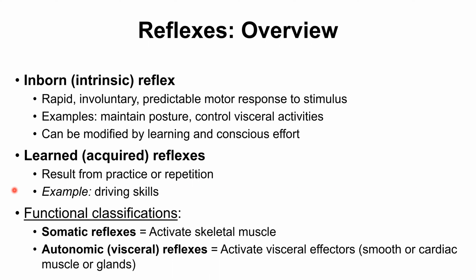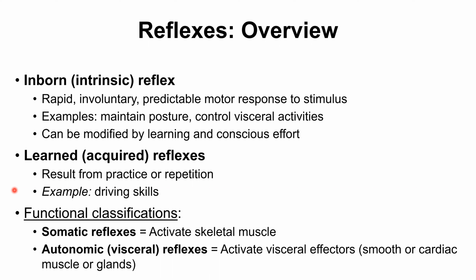You just immediately hit your brakes, right? And so this requires a really fast reaction time, and we would call it a reflex. That would be a driving reflex that you learned because you have been driving for a while. So that's just an example of a learned reflex.